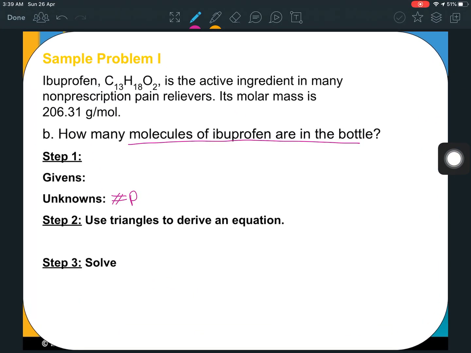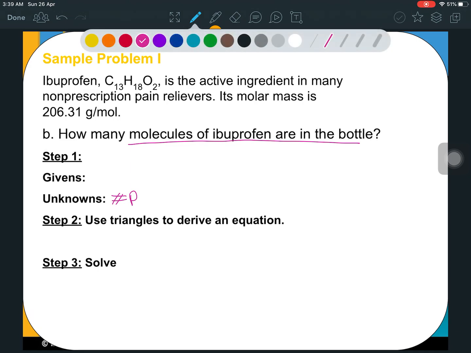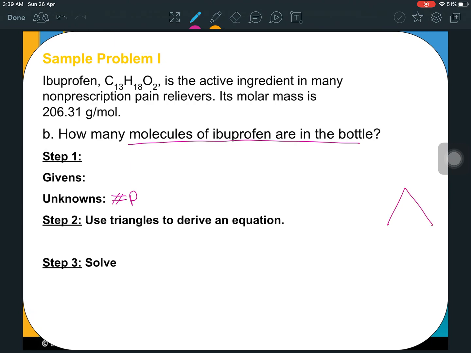So let's go ahead and get started with this. Let's see what's given to us. Based on the triangle that I have planned on using, I know that Avogadro's number is equal to 6.022 times 10 to the power 23.